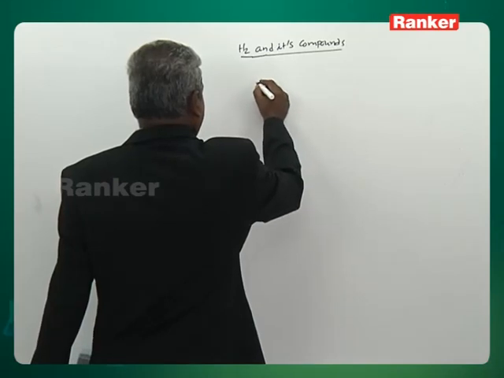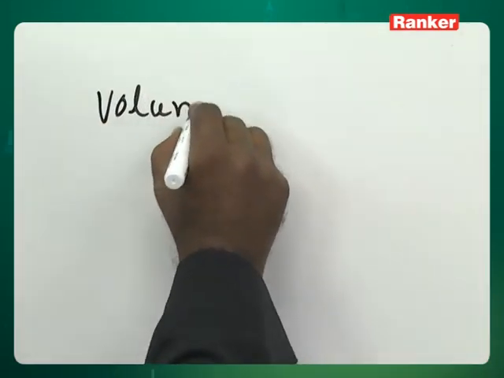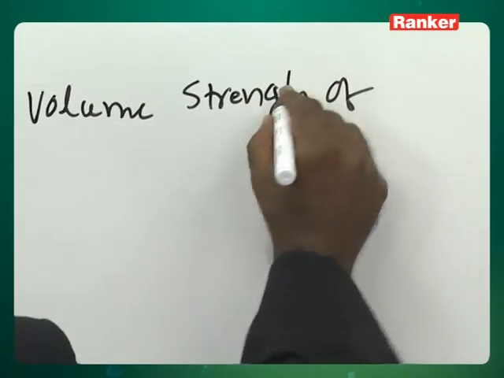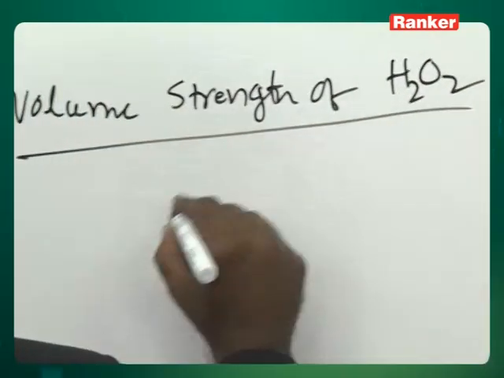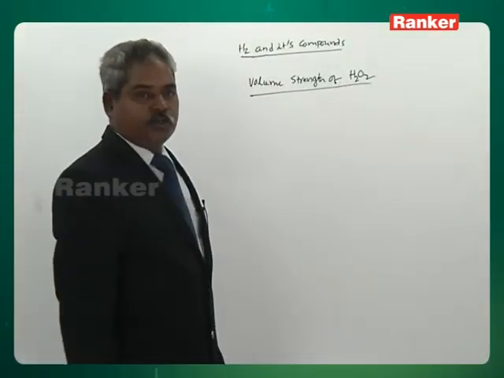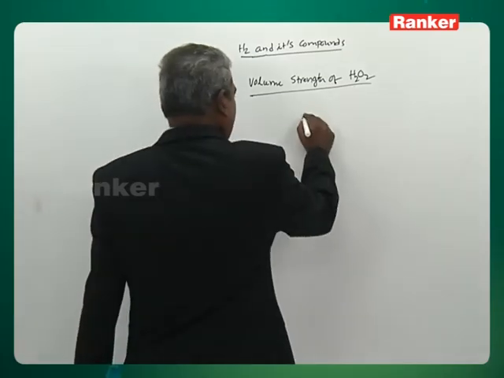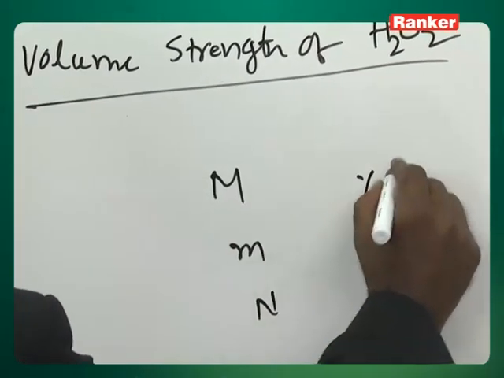Now, volume strength of H2O2. It is measuring the concentration of H2O2. So, we have molarity, normality, percentage, weight by volume.